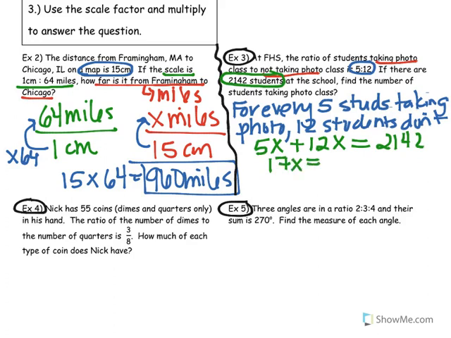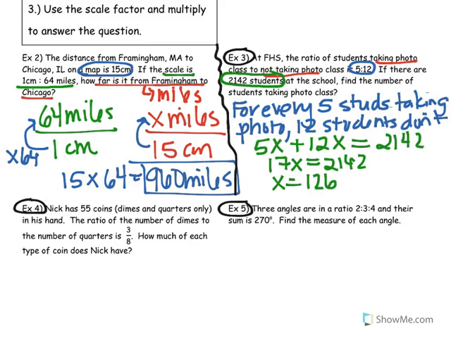17x equals 2,142, divided by 17, and I get that 2,142 divided by 17 is 126. Okay?